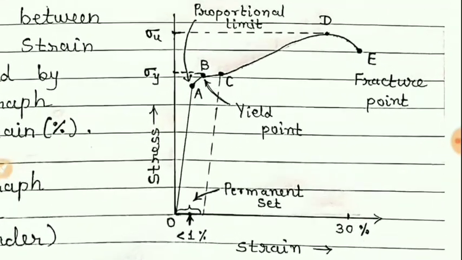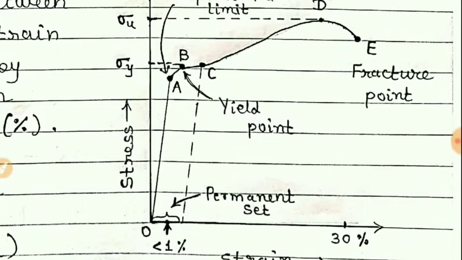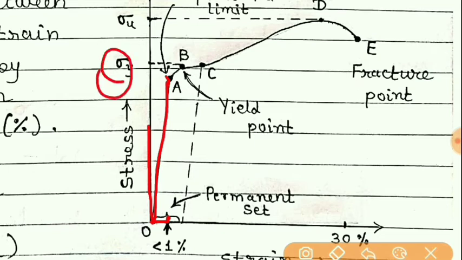So now students, according to this graph, initially as the stress increases, strain also increases, and you can see when the graph is plotted, that is a straight line till point A. The stress and the strain are directly proportional to each other from point O to point A. The graph obtained from the observation is a straight line.